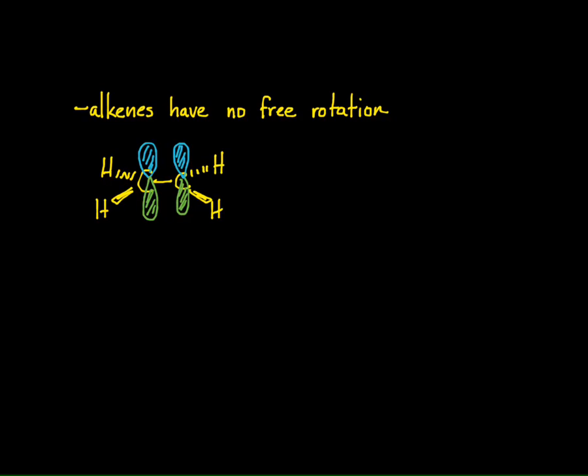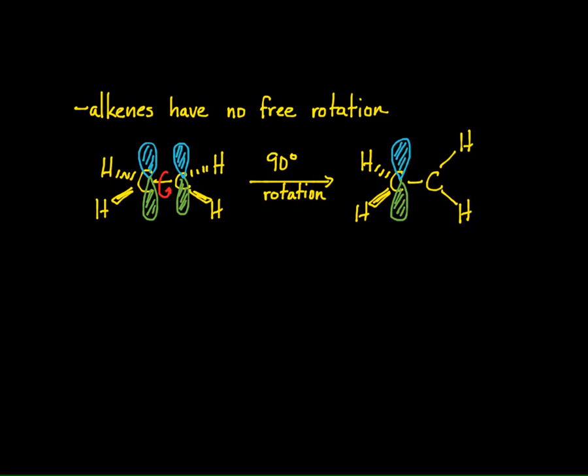And if you think about it, conformational analysis or rotation, if I rotate about that bond, so let's say I rotate about that bond 90 degrees, what happens? Well, now the hydrogens on the right come into the plane, and the p orbital is perpendicular to the plane.